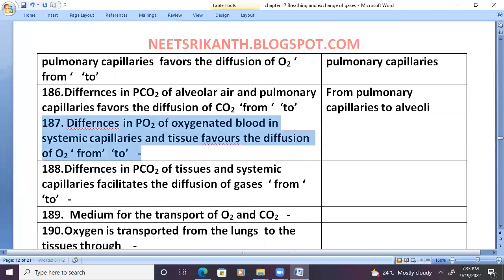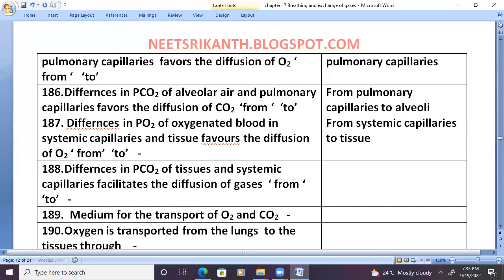Differences in PO2 of oxygenated blood in systemic capillaries and tissues favor the diffusion of oxygen from systemic capillaries to tissues. Differences in PCO2 between tissues and systemic capillaries facilitate the diffusion of carbon dioxide from tissues to systemic capillaries.